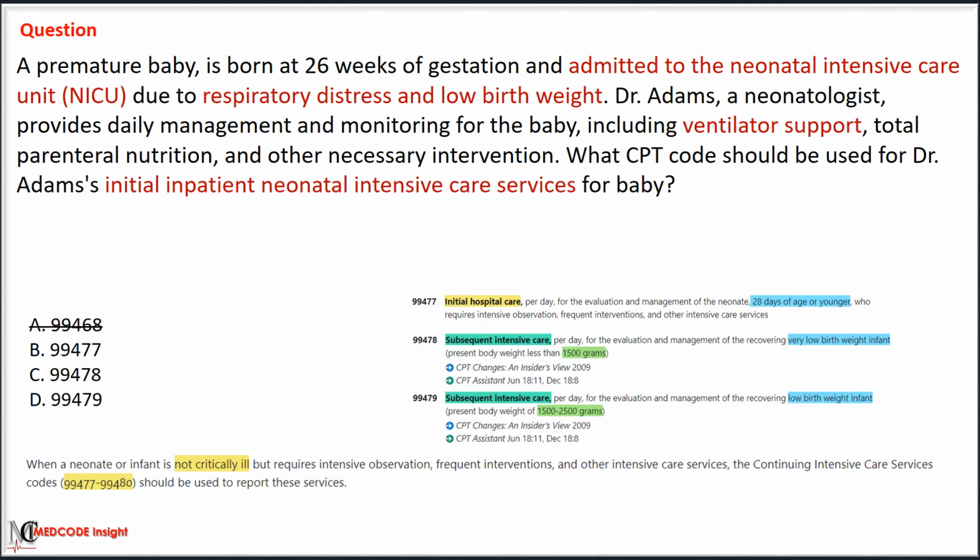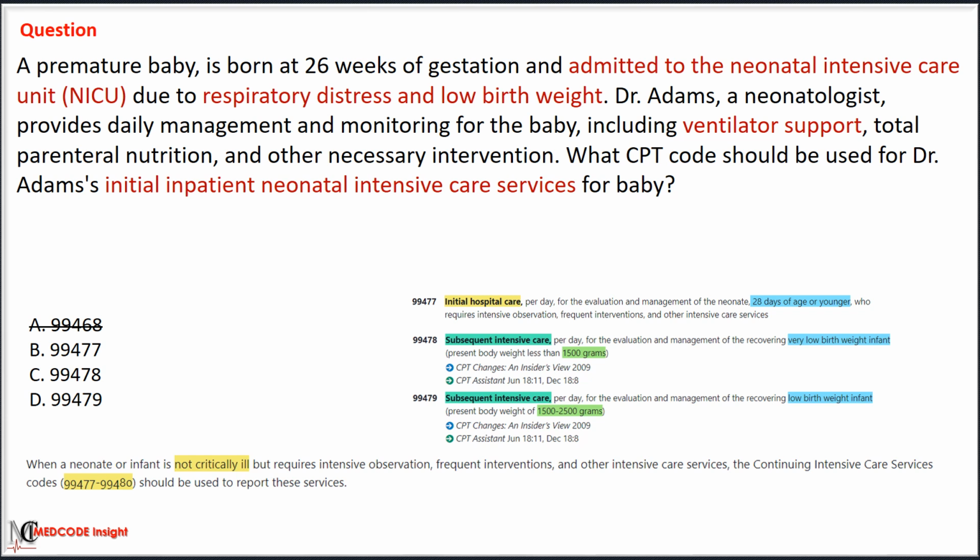As the patient received initial inpatient neonatal intensive care services, we will also eliminate options C and D with the codes 99478 and 99479, which are both used for subsequent intensive care.